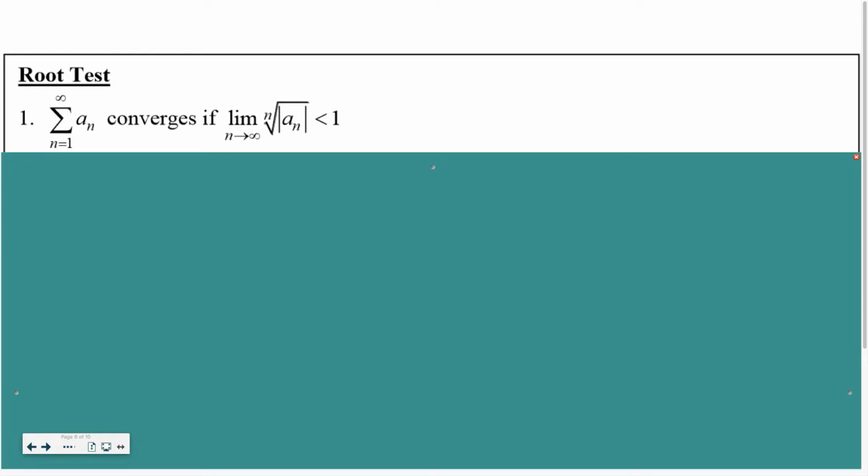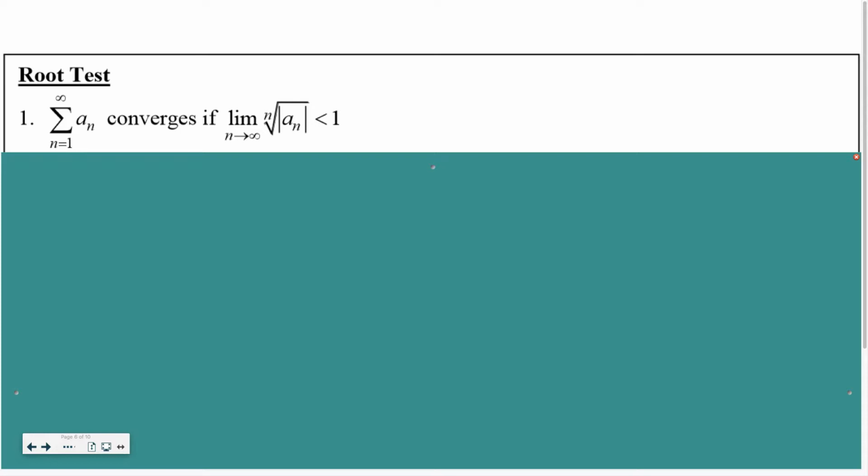Wait, that's the nth root. You can start out at 0, that's fine. There's an absolute value. If it wasn't the nth root of an absolute value, you'd have some problems.